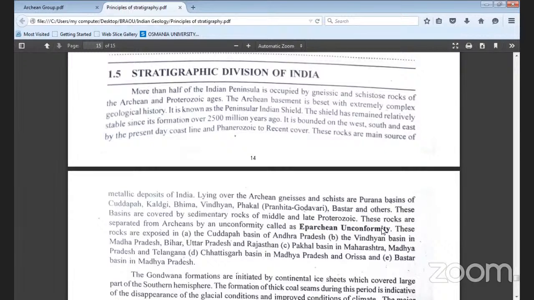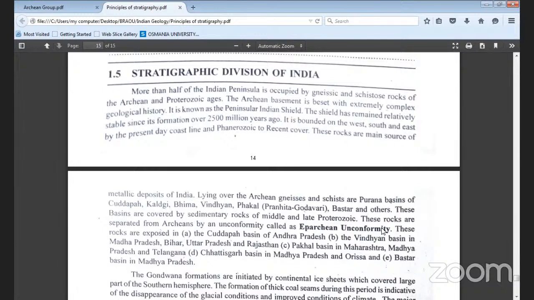More than half of the Indian peninsula is occupied by gneissic and schistose rocks, and most of these formations belong to the Archean and Proterozoic ages. The Archean basement has an extremely complex geological history.